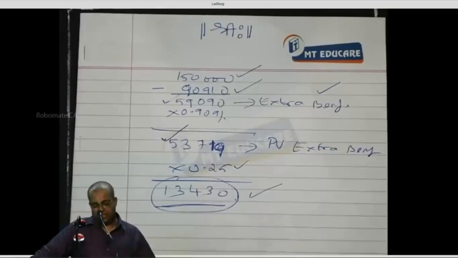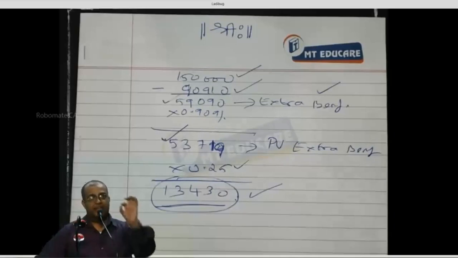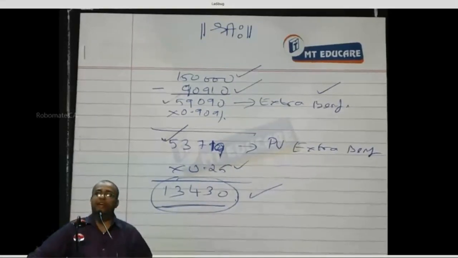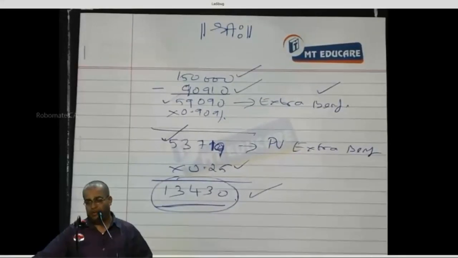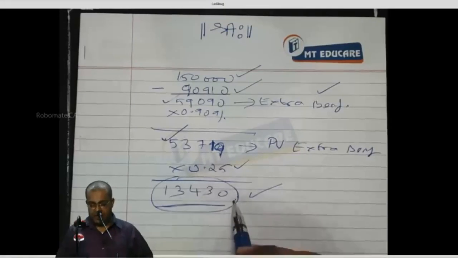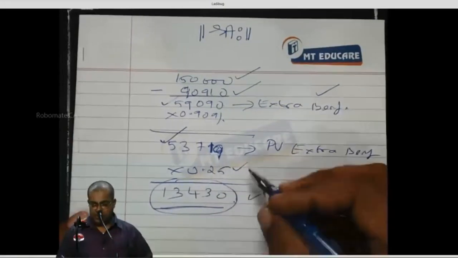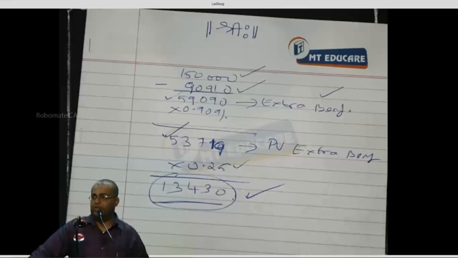Next line. Hence, the expected present value of abandonment option is 0.25 into 53,719, which is equal to how much? 13,430, or 14,000 approximately.